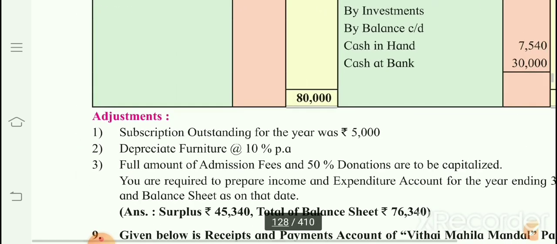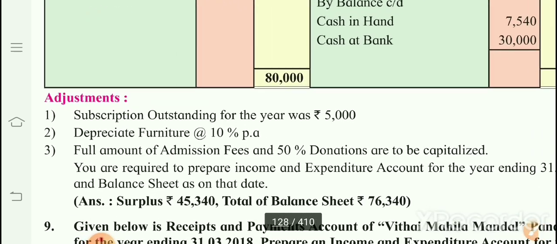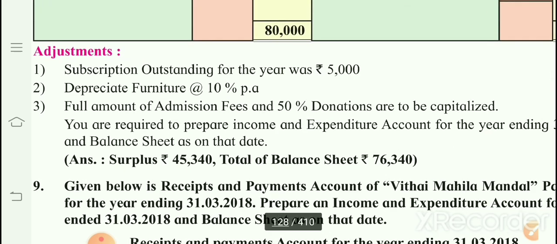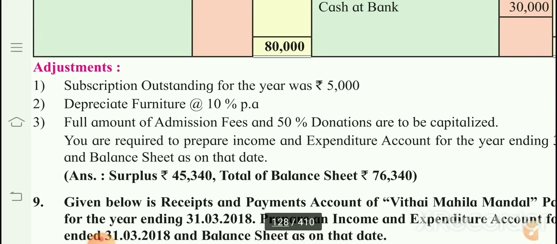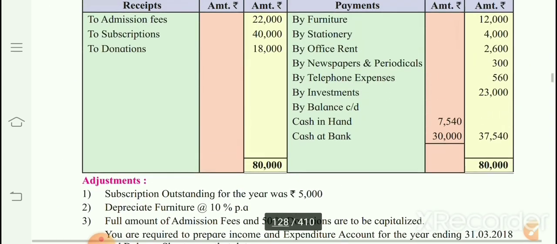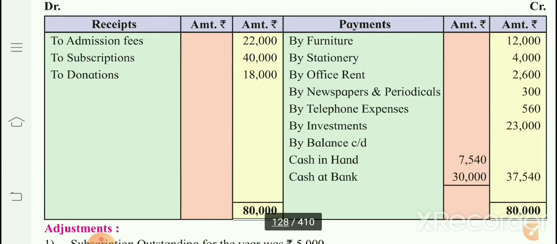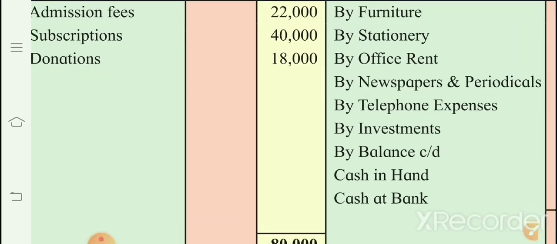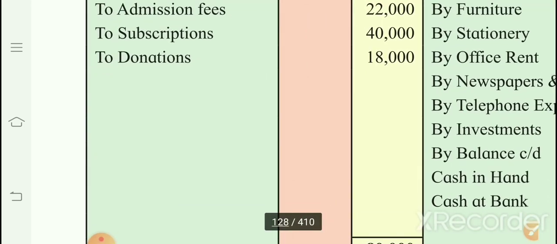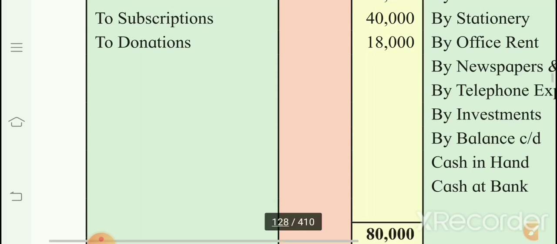Now let's proceed towards adjustments. First adjustment, outstanding subscription for the year was rupees 5,000. See, in receipt and payment account, subscription is provided by rupees 40,000. Subscription is the income, hence we have recorded it on income side of income and expenditure account, that is on credit side.